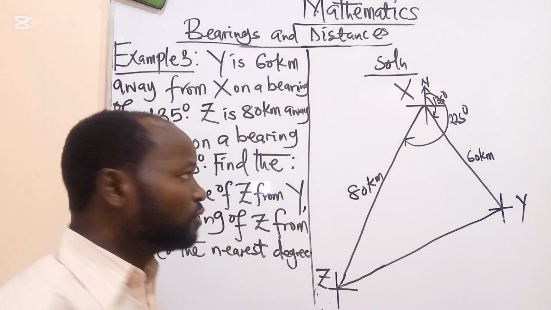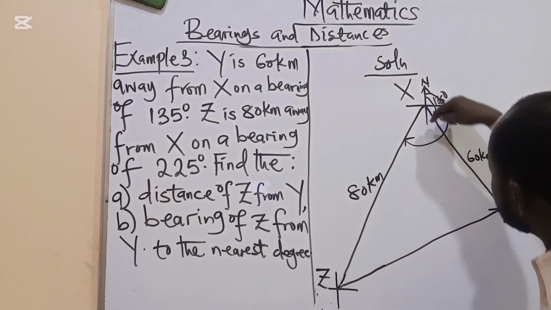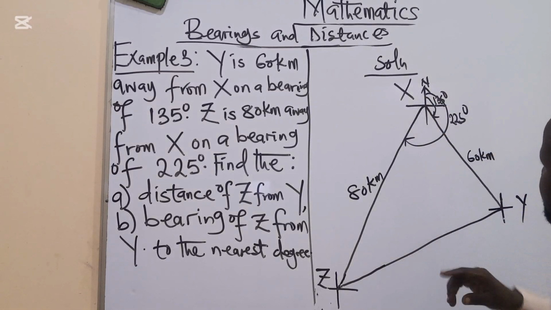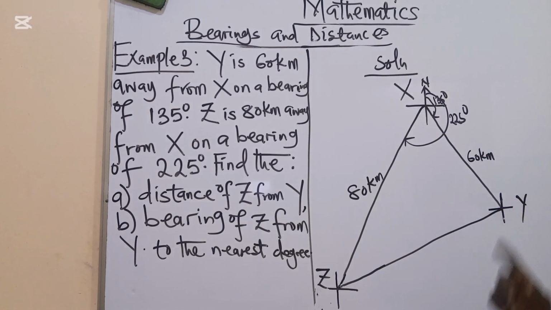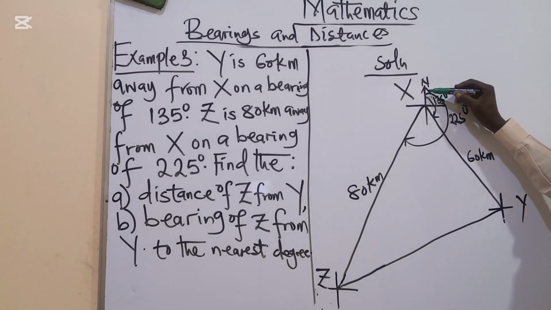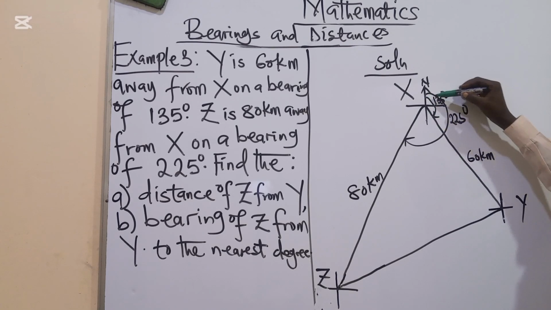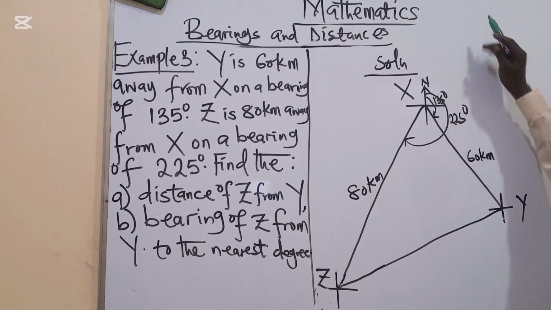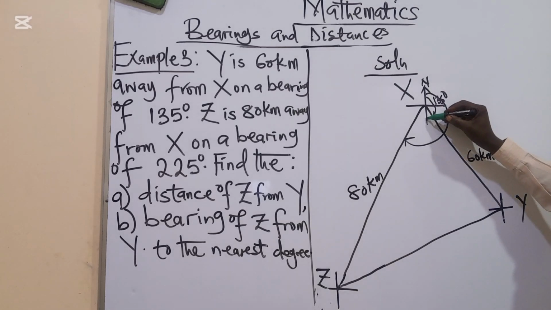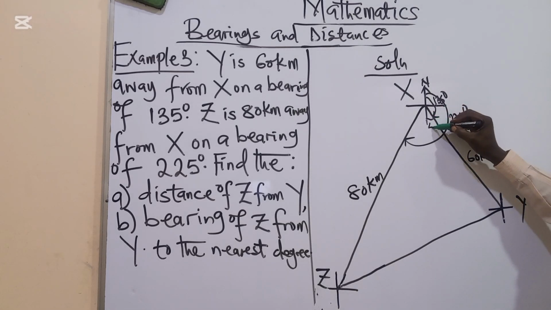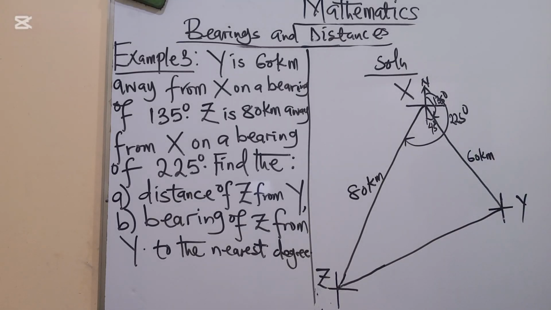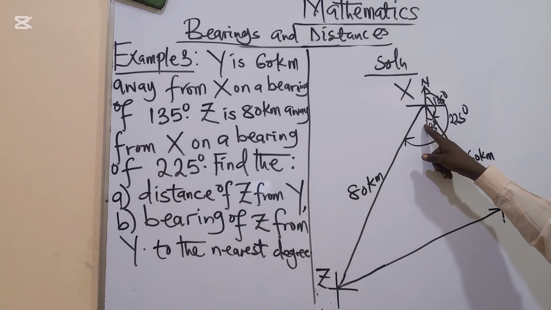The next thing to do, we have to find the resulting angles here now. Let's observe this very well, please. From this point to this point is 180. If I remove 135, 180 minus 135 will be 45. So this angle here is 45 degrees. Very important. Next, up to this point is 180.